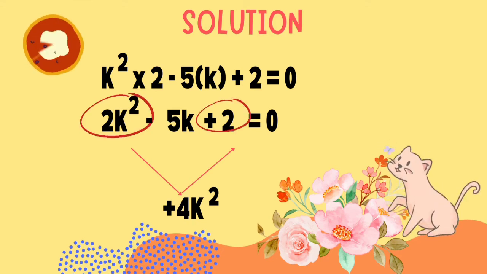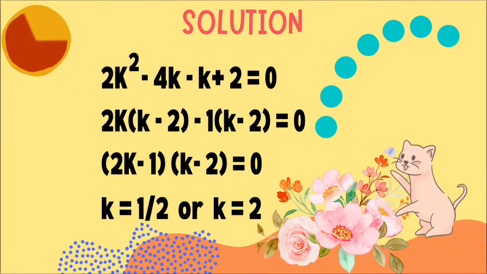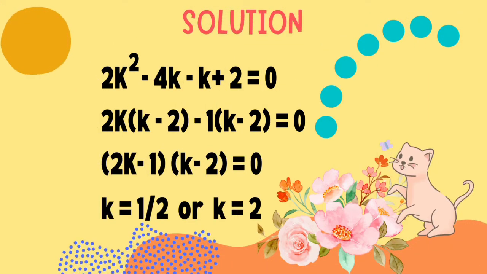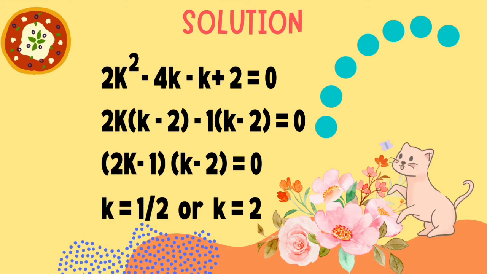You have plus 4k squared, and by the time you add it together, you have minus 5k. And so those two factors are minus 4k and minus k. You substitute those two factors into the middle of the expression, giving you 2k squared minus 4k minus k plus 2. The next thing you do is to factorize the expression by dividing through with the highest common factor.